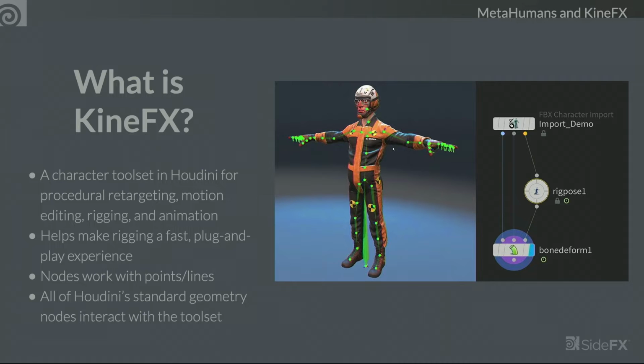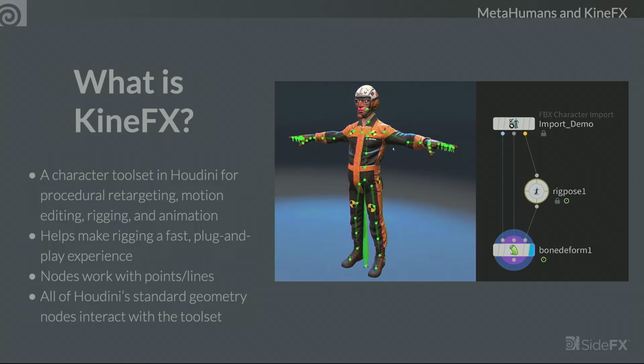So to begin with, what is KineFX? You can read the slide there if you want, but basically KineFX is Houdini's rigging and animation toolset from 18.5 going forward. And it completely replaces the object level workflow that we've had for 20 plus years that people have done big projects on.